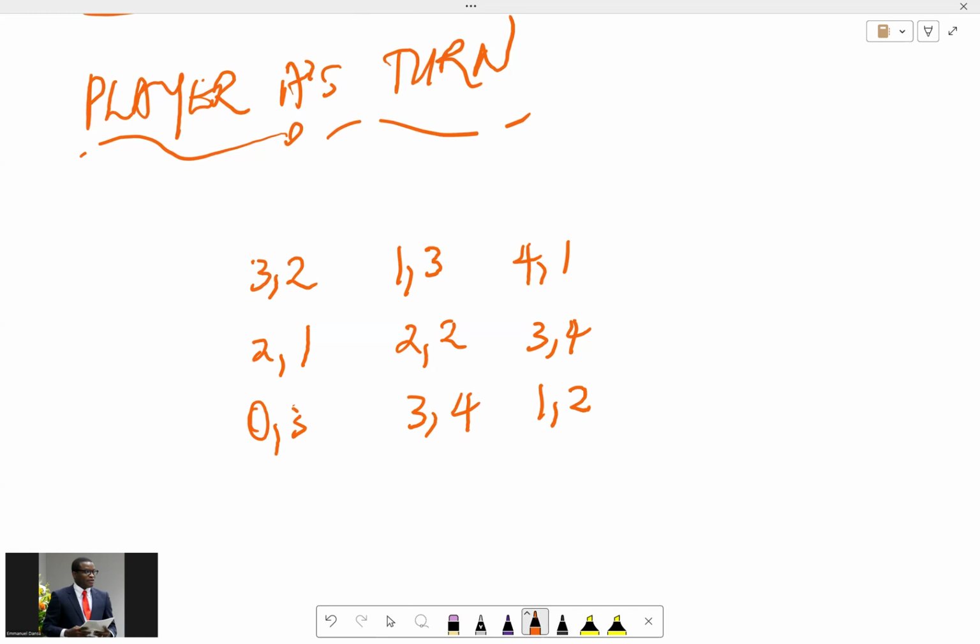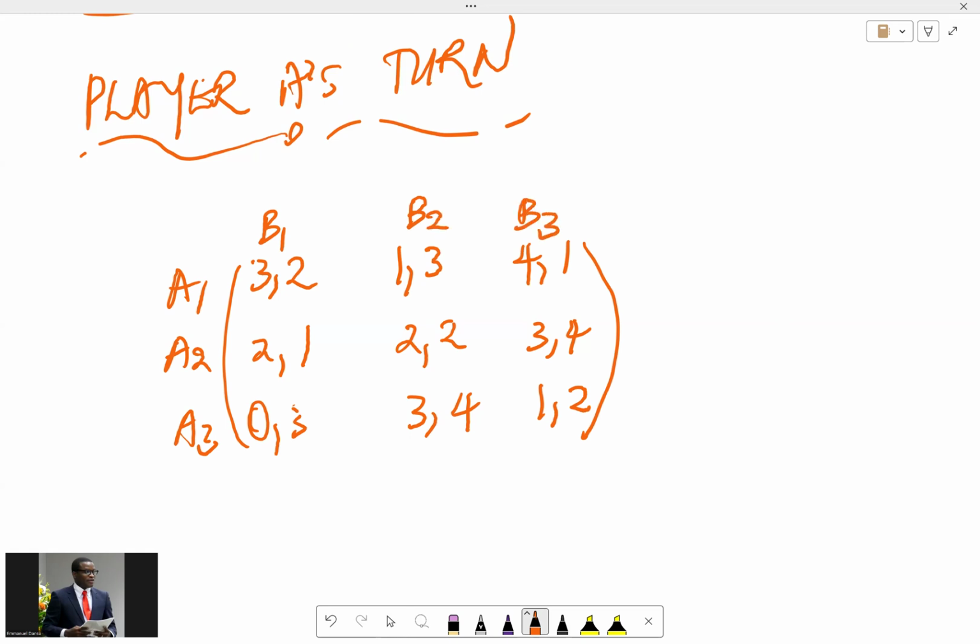Since we want to do it in one blow, I guess we can just do that now. This is A1, A2, A3, and this is B1, B2, B3. So this is for player A and this is for player B. What we are interested in seeing is which is the best of A1, A2, A3 for player A at once.